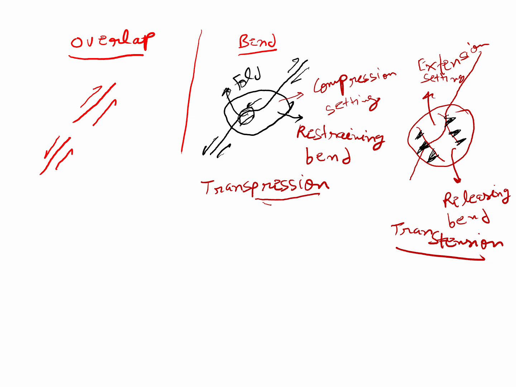So basically, strike-slip faults give both features, overlap and bend.